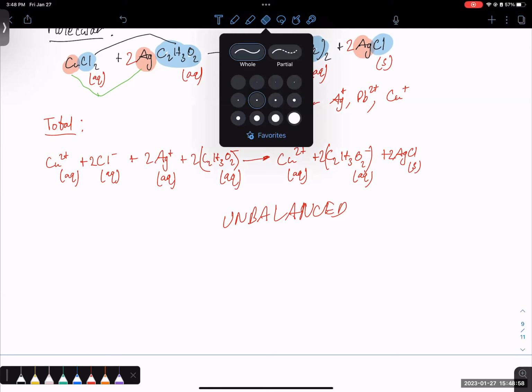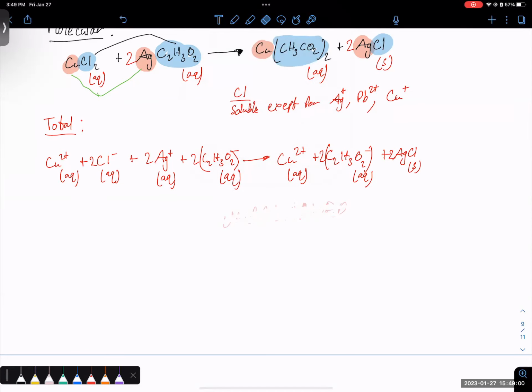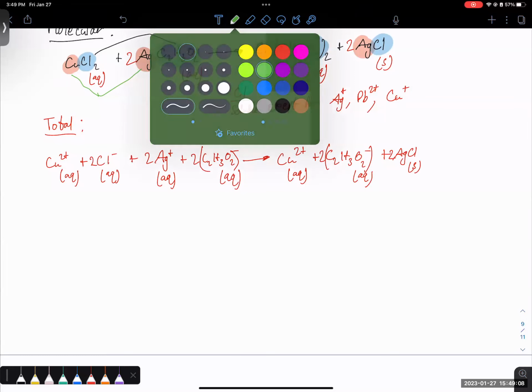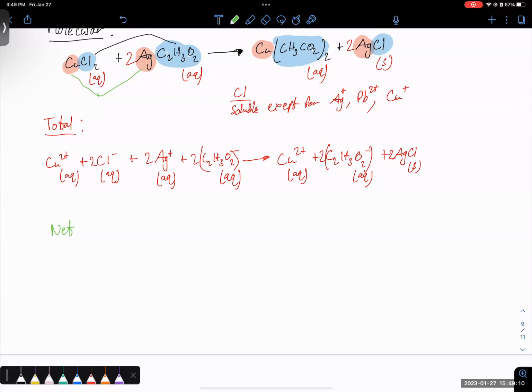All right. Now, do you all see why that was a total pain in the behind? I had to write out every single ion. All right, so that's total ionic. Now time for the net ionic. What do we do for the net ionic? The stuff that's the same. There's a name for the stuff that's the same. Spectator ions, exactly.